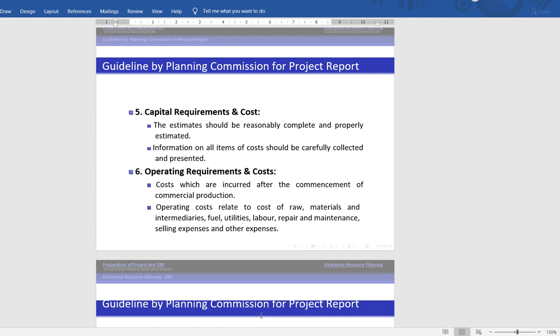Operating costs can relate to cost of raw materials, intermediaries, fuel, utilities, labor, repair and maintenance, selling expenses and other expenses. These can be the factors which lead to operating requirements and costs.